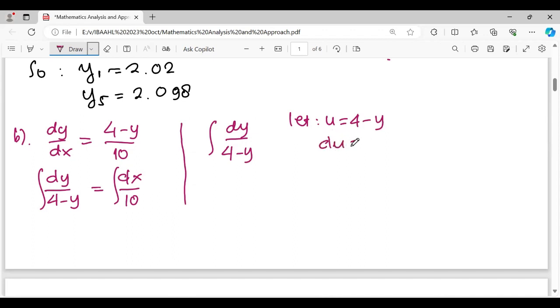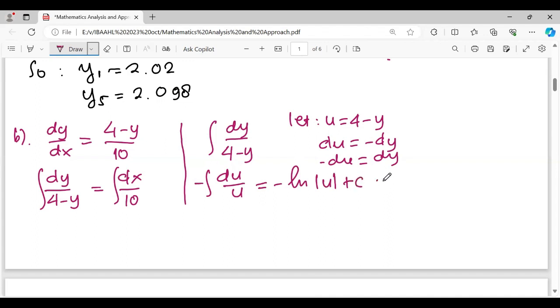So du equals minus dy, or minus du equals dy. So this integral becomes minus du over u, minus ln u plus c, minus ln(4 minus y).